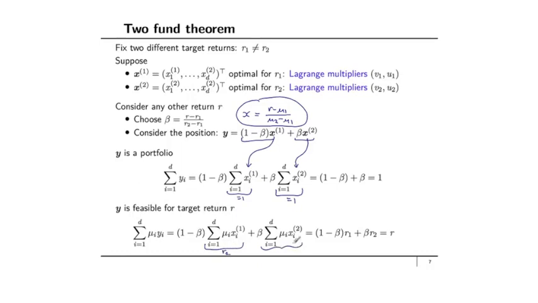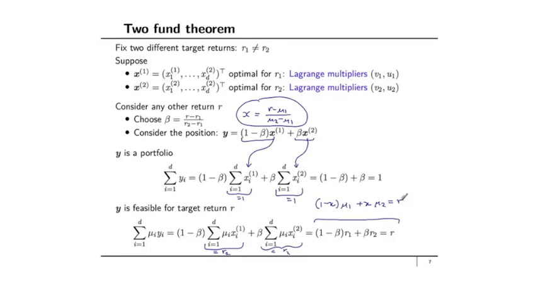This quantity is feasible for a target return R2, so it's equal to R2. So it's 1 minus beta times R1 plus beta times R2. Plug in the value of beta that was computed, and you get exactly R. And if you connect back to the two asset case, this is exactly saying 1 minus x times mu1 plus x times mu2 must equal R, which is exactly the equation that we solved there.